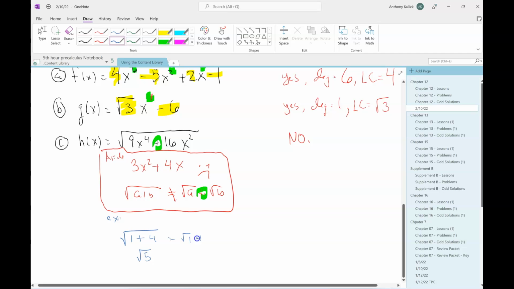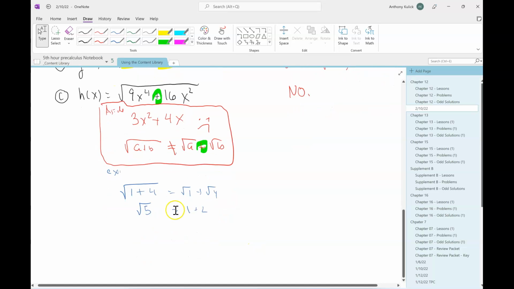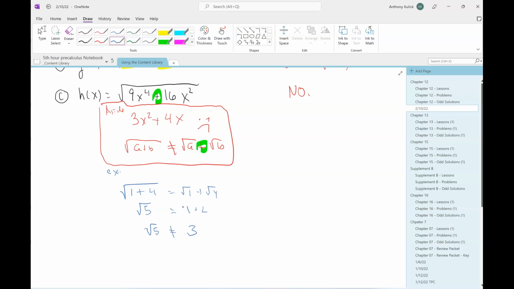But if I broke this, I would get 3, and the square root of 5 is definitely not the same thing as 3, right? Just to demonstrate that if you're wondering whether you can do that or not, you can always try a little simple numeric example to check to see if it's okay to do what you're trying to do.